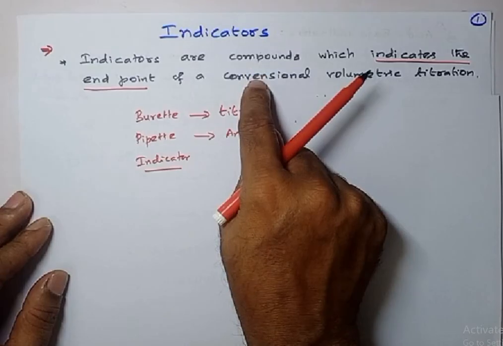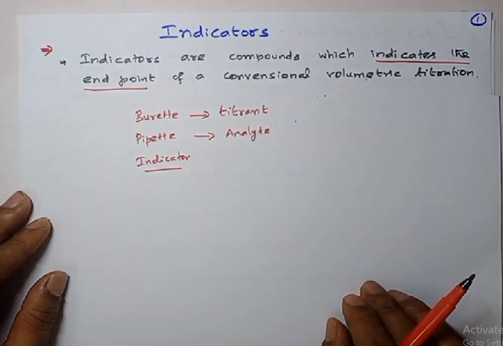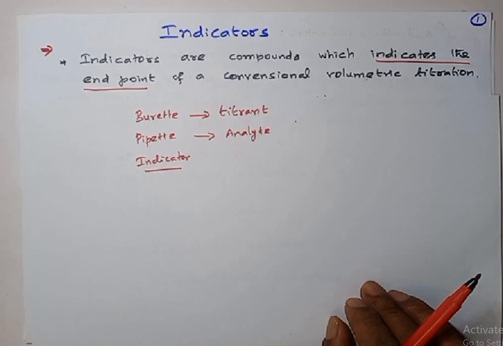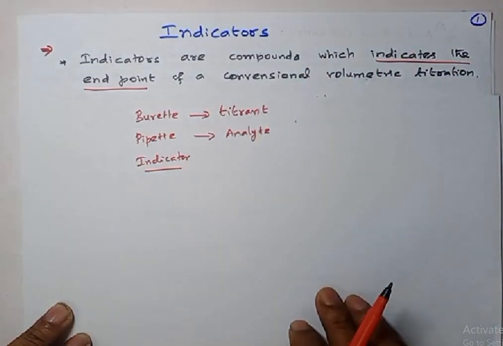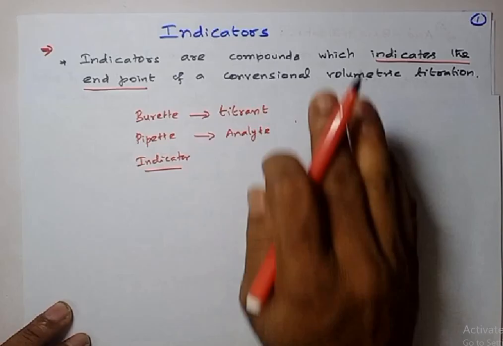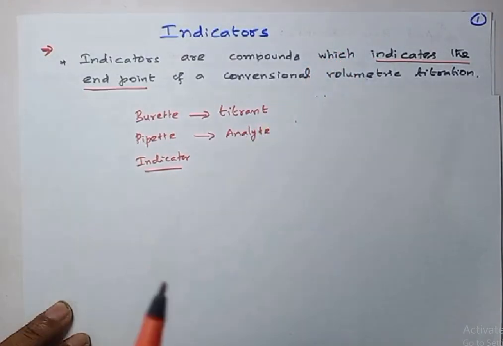Why am I using the word conventional? Because apart from conventional titration, we also have potentiometric titration, conductometric titrations, and other titrations also. So that's why I am using the word conventional volumetric titration, in which we use an indicator.